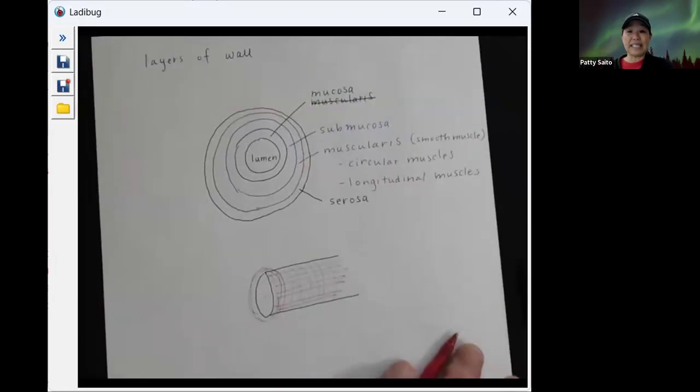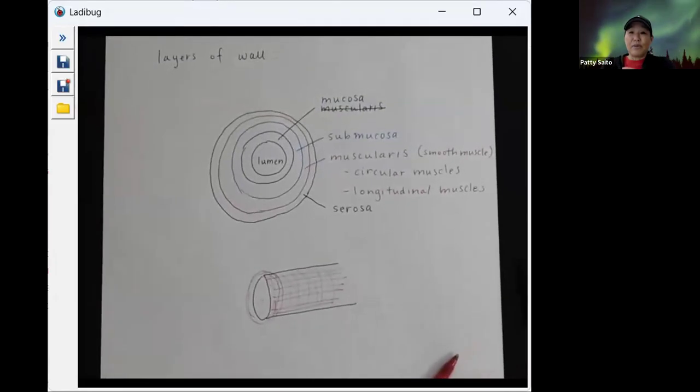So what happens is, you think we're talking like 30 feet that food has to move along to get to the anus, right? And people lie down, people stand on their head and they still can poop, right? That means stuff is still moving. And it's because of these muscles.